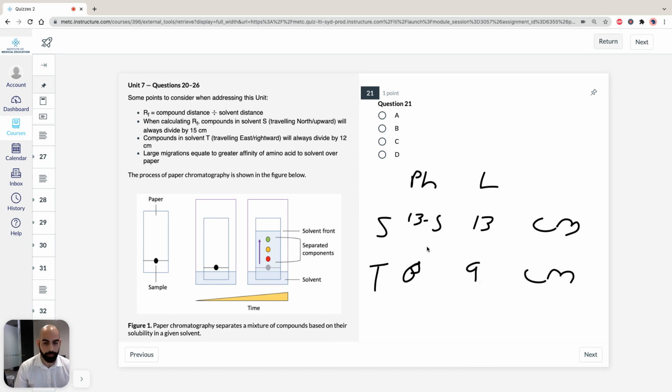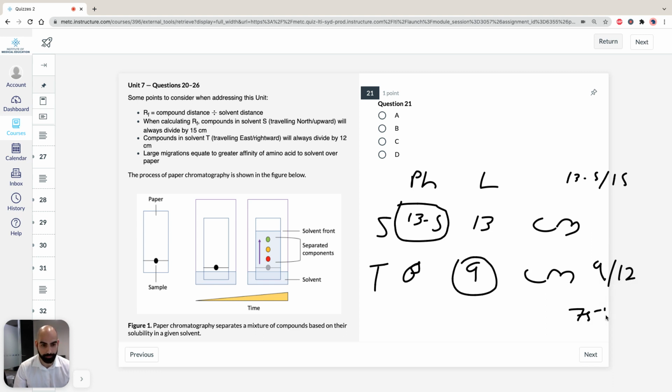So we can tell straight away that it's either going to be our leucine in solvent T, or our phenylalanine in solvent S. And it comes down to which one is the bigger number. So 13.5 divided by, remember, in S it's 15. And over here it's 9 divided by 12 in solvent T. So 9 divided by 12 is 75%.